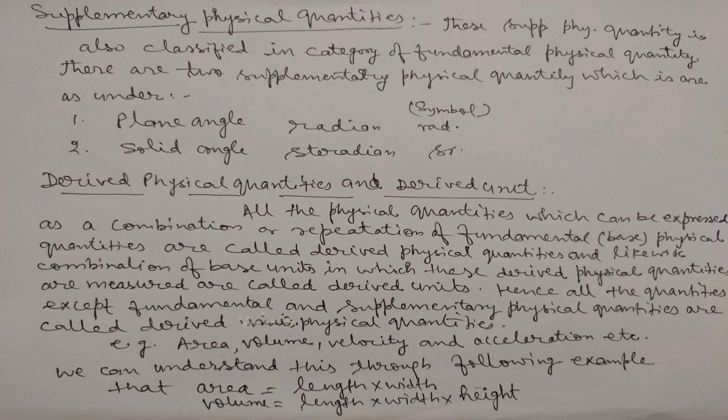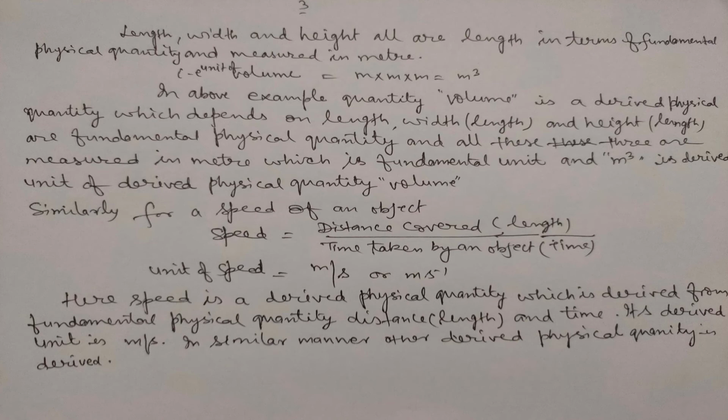We know that the area is equal to length times width, and the volume is equal to length times width times height. These length, width, and height are all length in terms of fundamental physical quantity, and are measured in meter.